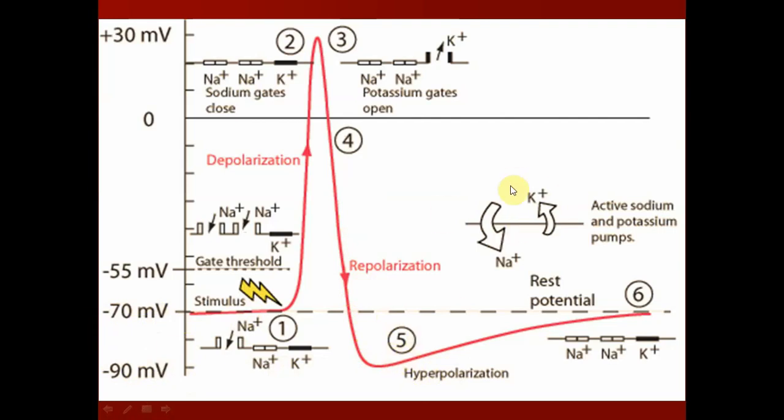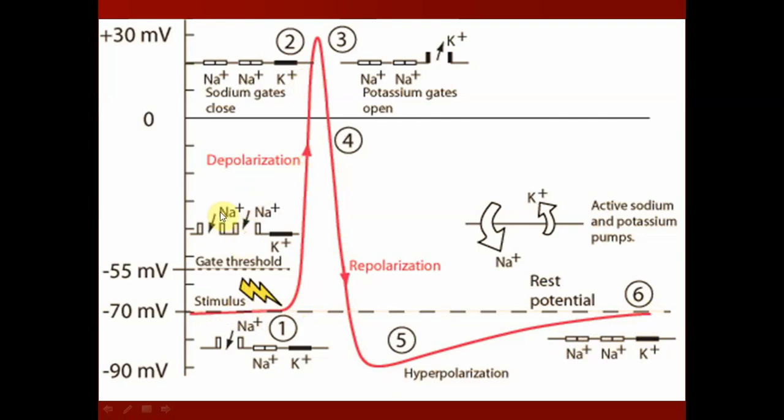Then the sodium-potassium pump interferes, bringing back all the ions to their initial concentration, and the Na plus and K plus channels are closed, and we go back to minus 70 millivolts. So in short, the action potential is made up of 3 or 4 different important phases. The first one is the depolarization, or we also call it hypopolarization.